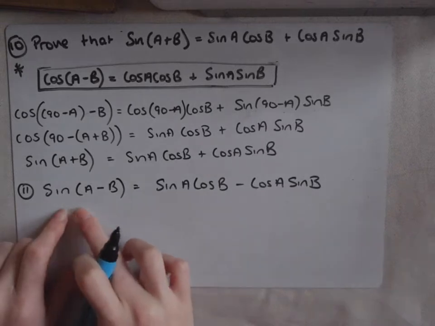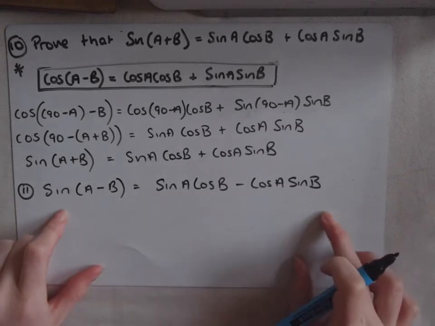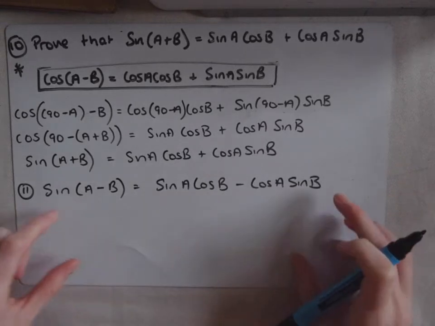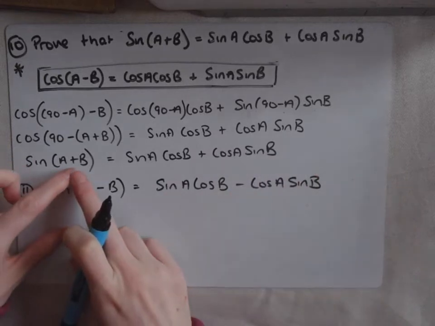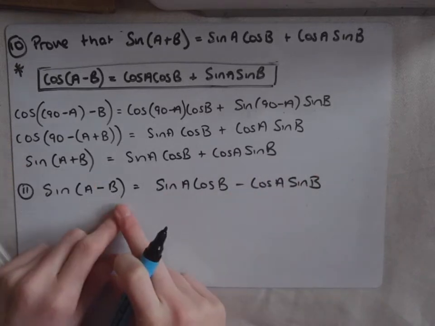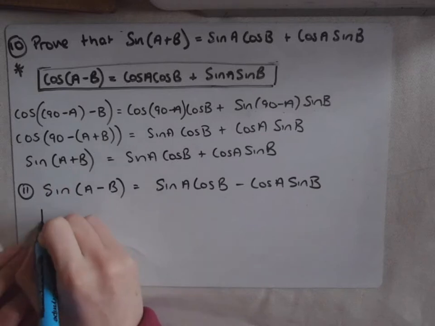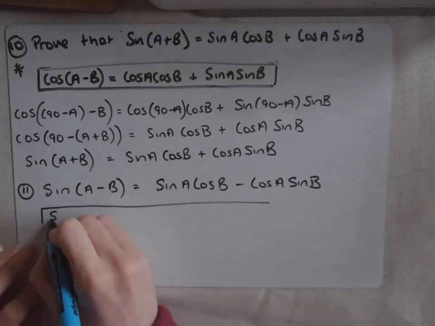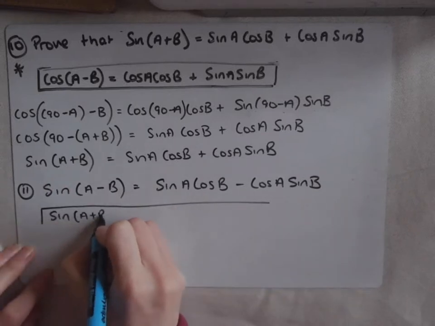To prove sine of A minus B, you're actually just using your answer from above, but instead of B, you're replacing it with minus B. Okay, so you're using your answer from above, so I'm putting my answer here in a box because this is what I'm going to use.